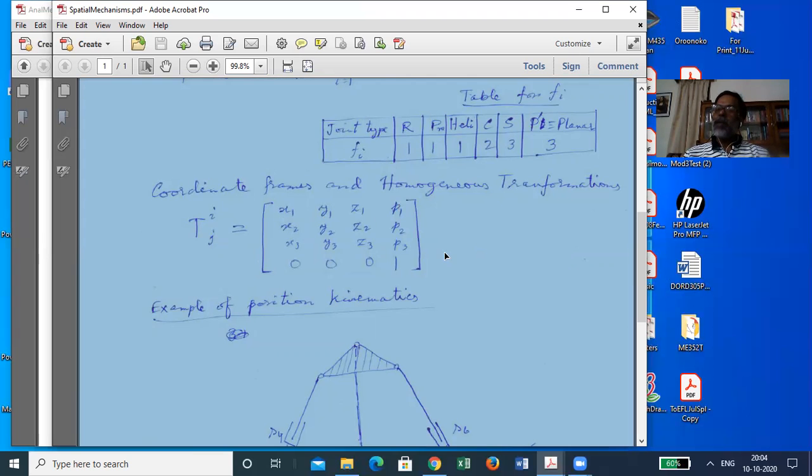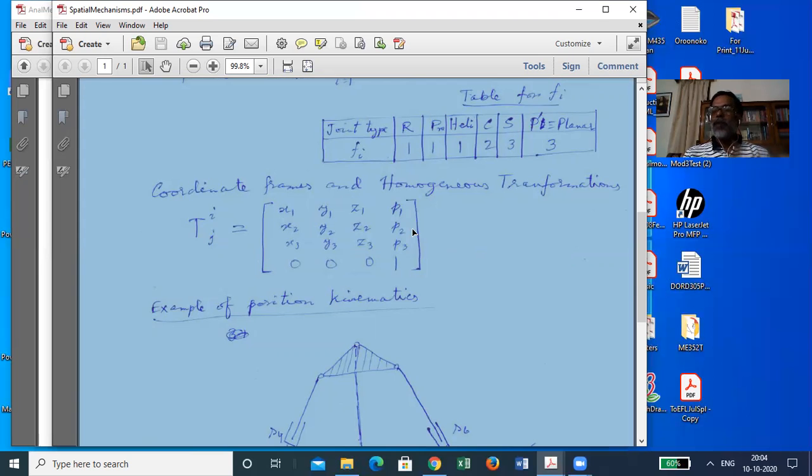Similarly, whatever actual rigid body motion will bring a body from a reference position to a current position will also be represented by the same transformation matrix. Okay.